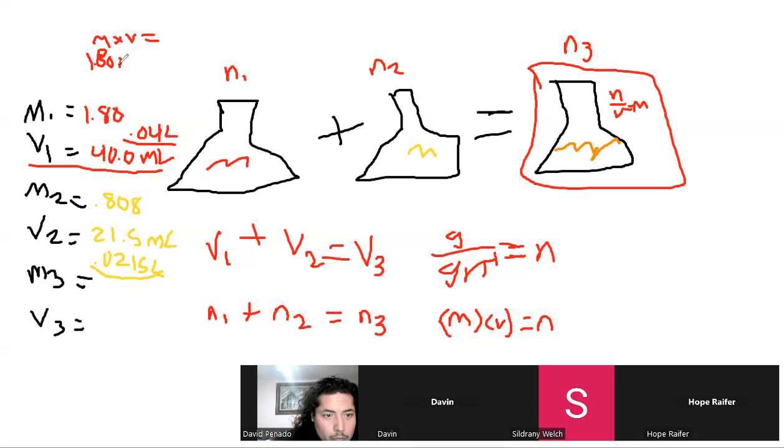So that's my N1 and N2 together, but I missed a step, right? Then 0.089 would be divided by volume 3.